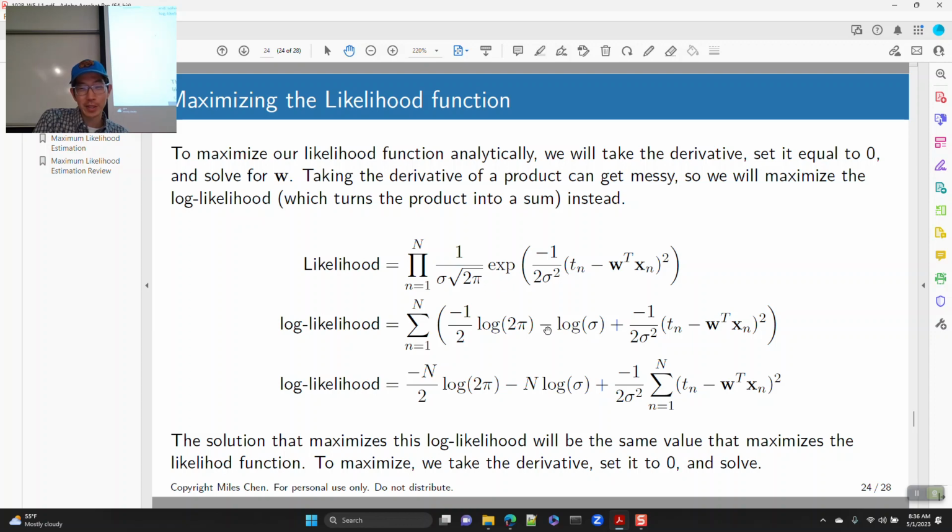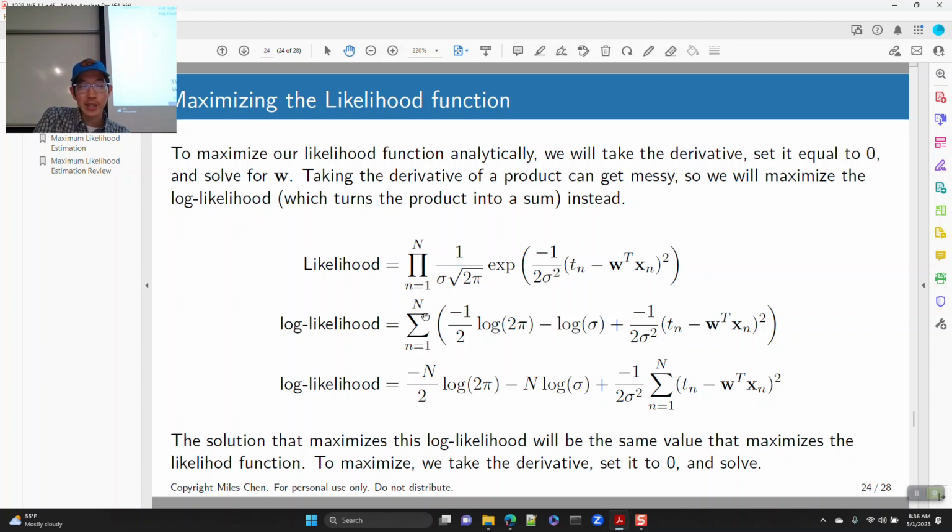And I took off the 1 over sigma, and I have minus log sigma, okay? And then this part's actually kind of nice because it's e raised to this thing, so the log of this just becomes the stuff inside the e, okay?